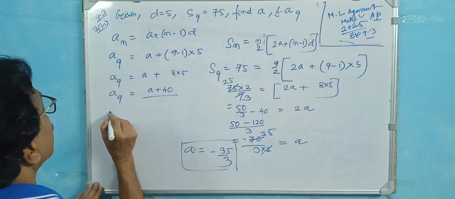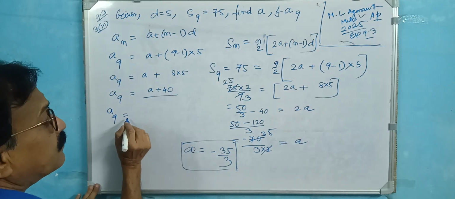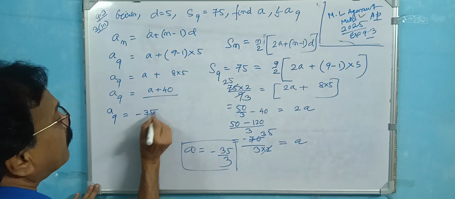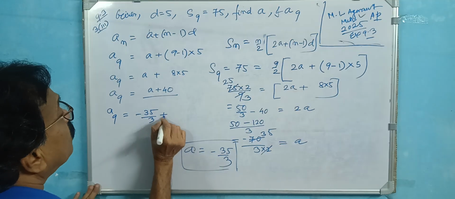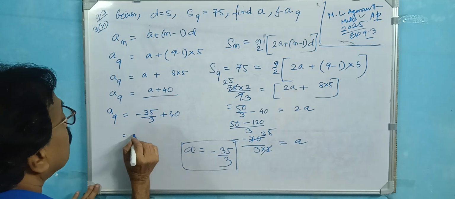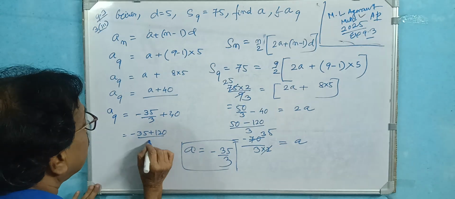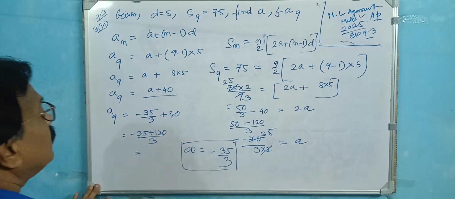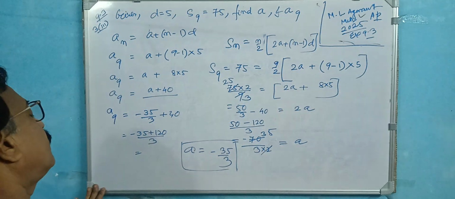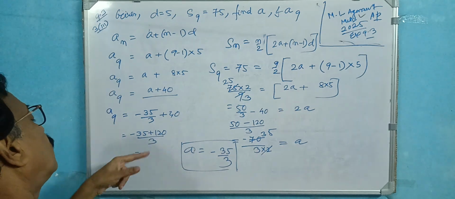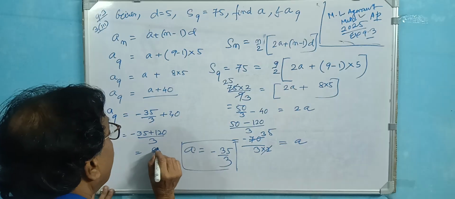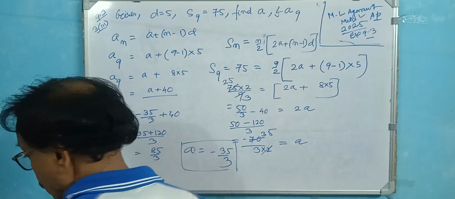Now put the value. a9 is minus 35 by 3 plus 40. So this is actually minus 35 plus 120 by 3. So 120 minus 35 is 85, so 85 by 3.